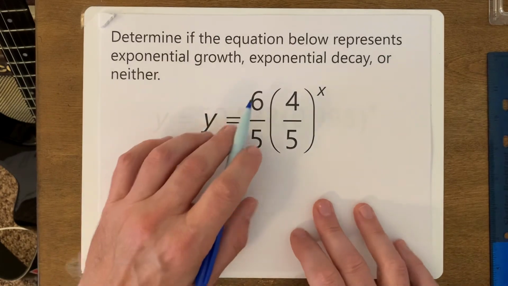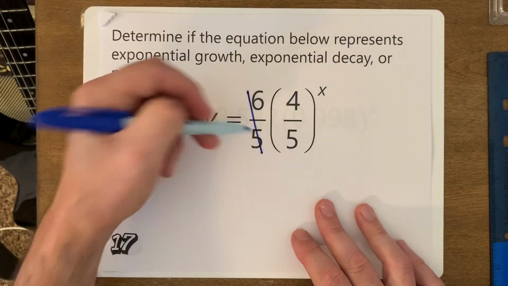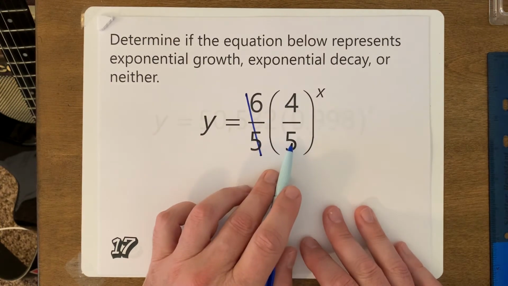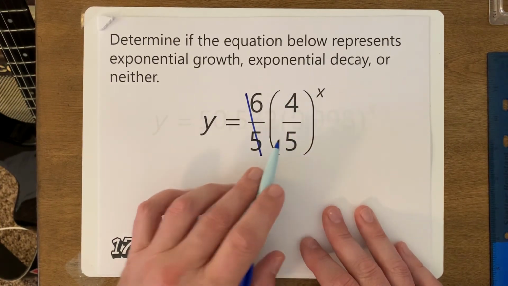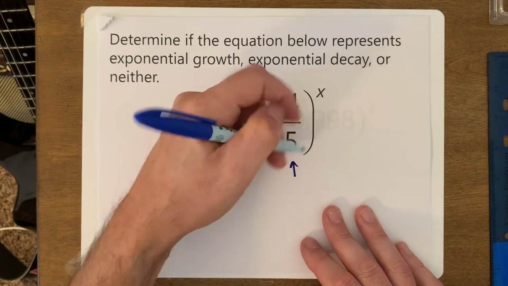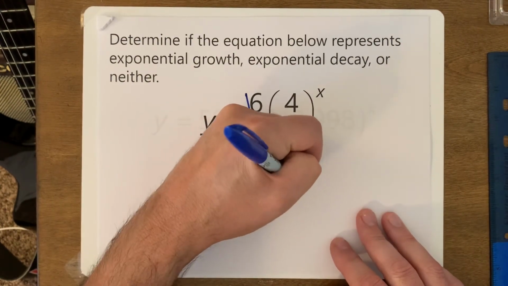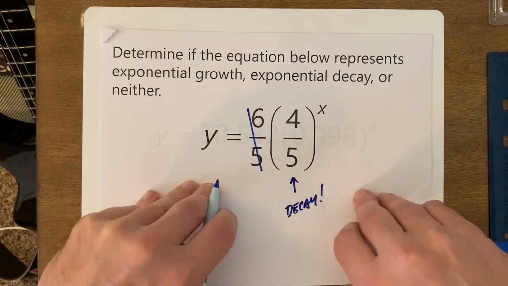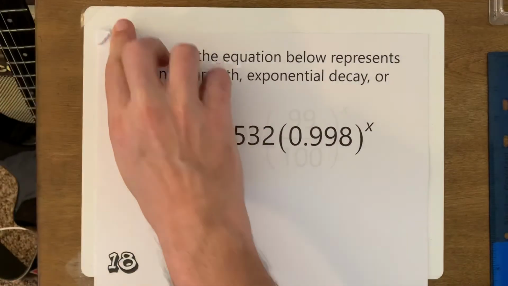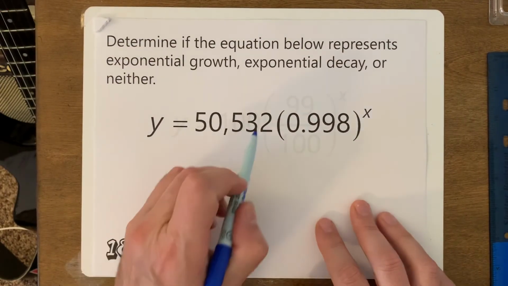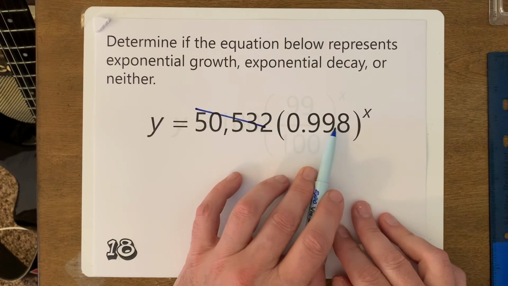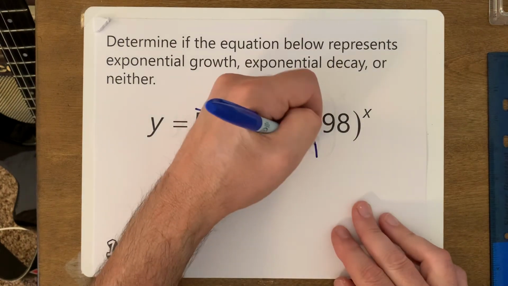All right, here, again, I'm not worried about the 6/5, just the 4/5. That is definitely between 0 and 1 because it's a little bit smaller than 5/5, which is 1. And so that's going to be decay. All right, let's talk about this one. Okay, again, I'm not worried about the initial value. 0.998 is a little less than 1. So that's going to be decay.